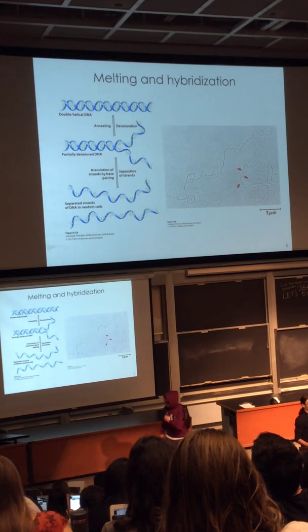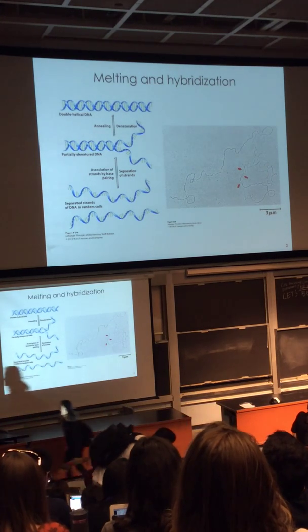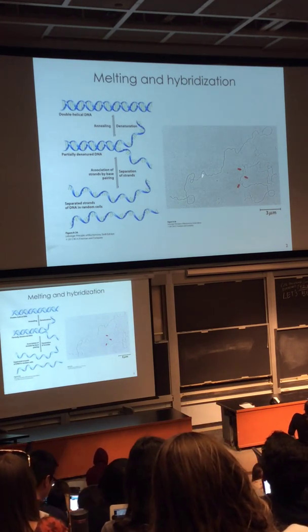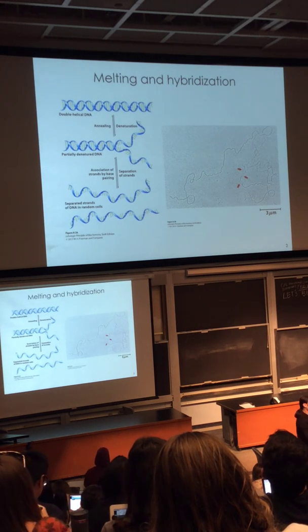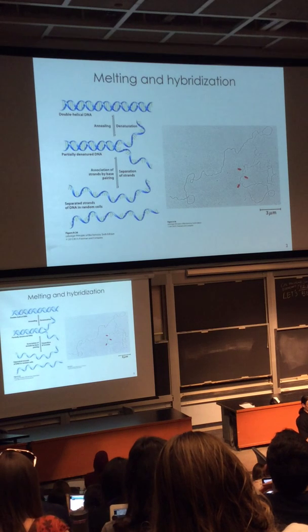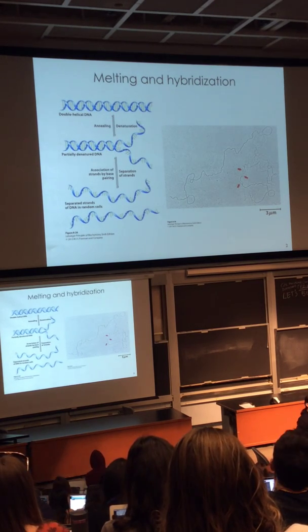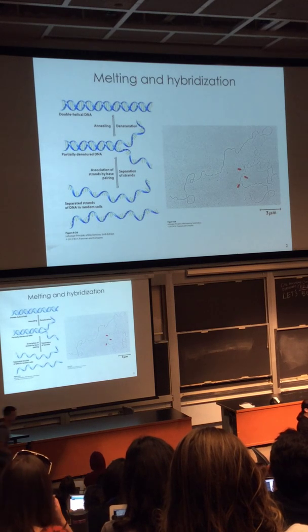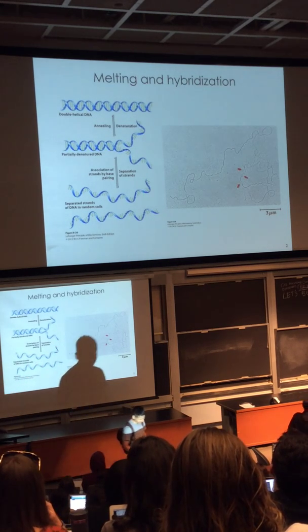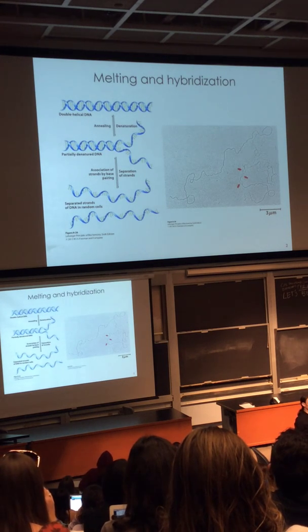And that separation can be partial, and that's sort of what's shown in this electron micrograph over here. The regions of DNA like here, those are double-stranded, and these little bubbles are regions where it's partly melted. And so this denaturation and annealing happens as you heat the DNA, and eventually, particularly with shorter pieces of DNA, the DNA can separate entirely.